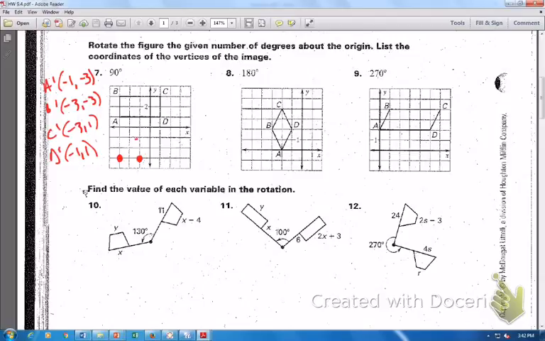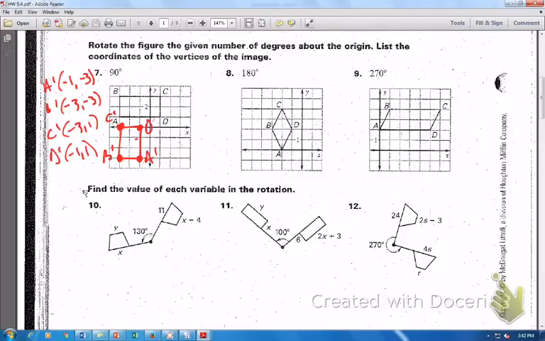C prime is at negative 3, 1. D prime is at negative 1, 1. And there you go. So A prime, B prime, C prime, and D prime. Okay, rotating 90 degrees.